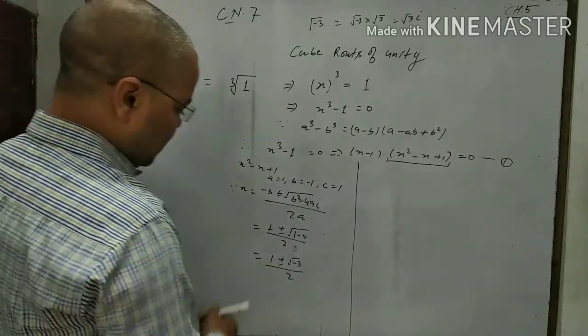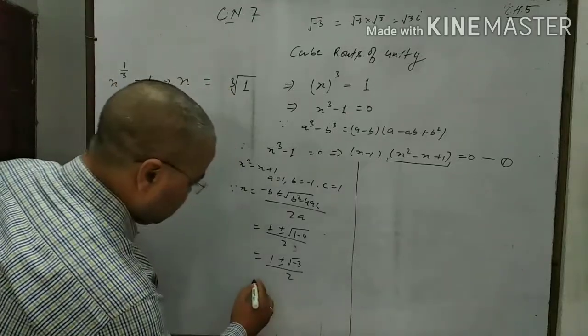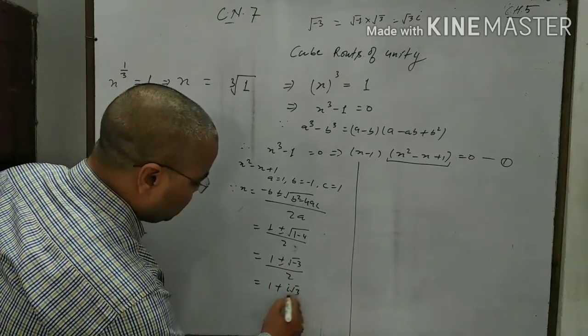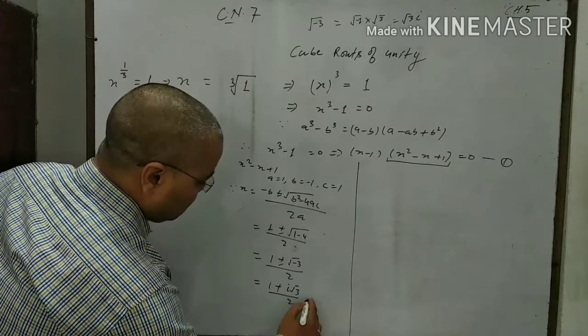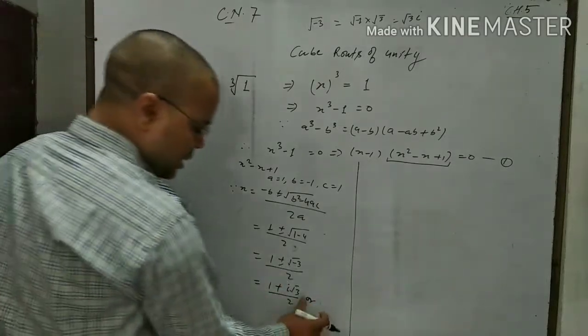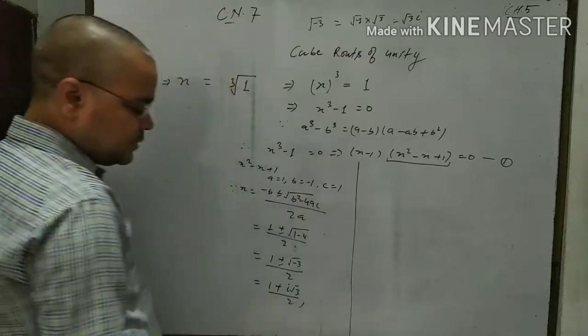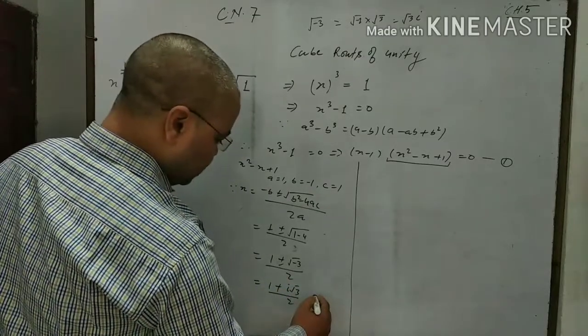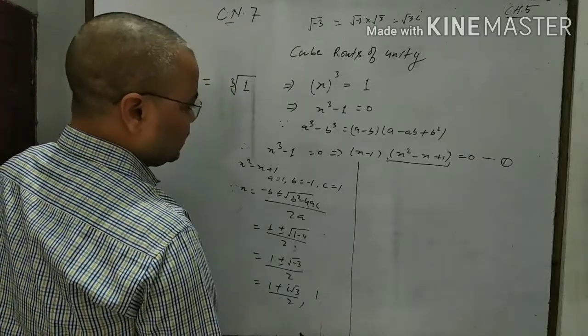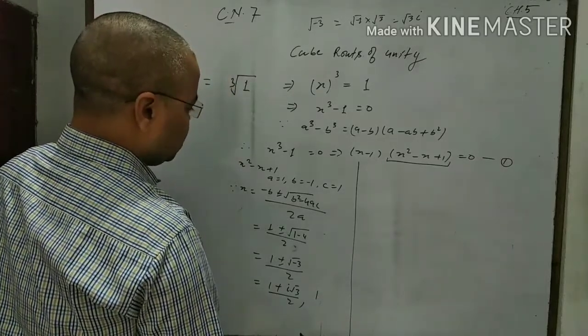It means this can be written as minus 1 plus i root 3 by 2, if we take the plus sign, and if we take the minus sign, then it will be minus b. Is it correct?